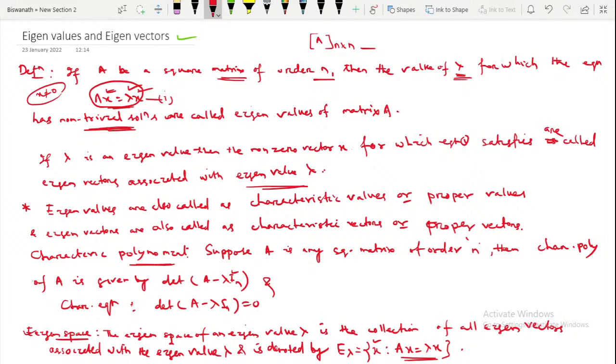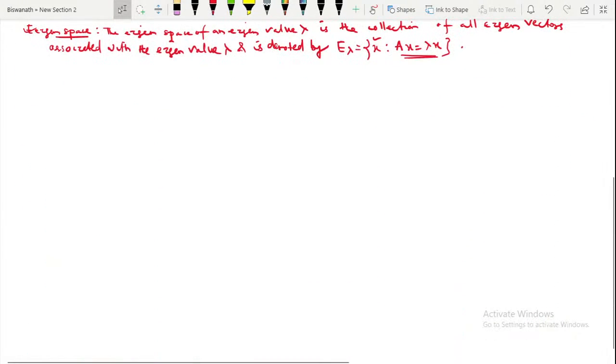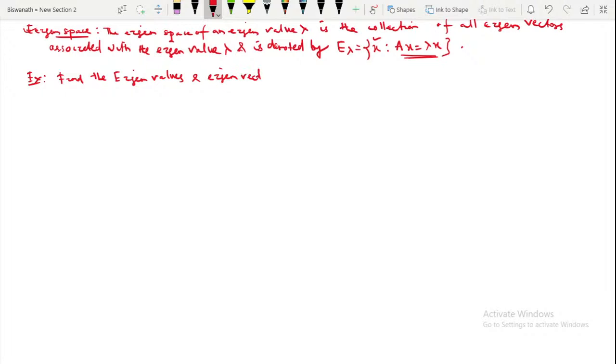Now we'll go to a problem. Example: find the eigenvalues and eigenvectors of a matrix A, where A is equal to the matrix with rows 1 minus 1 2, 0 1 0, and 1 2 1.